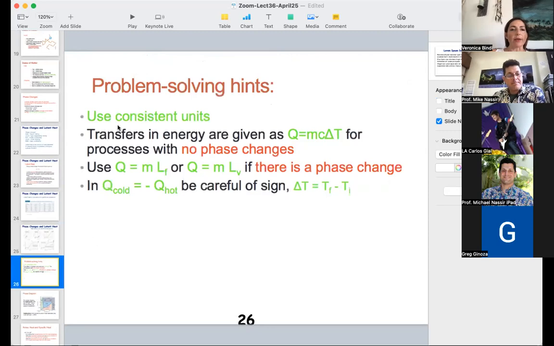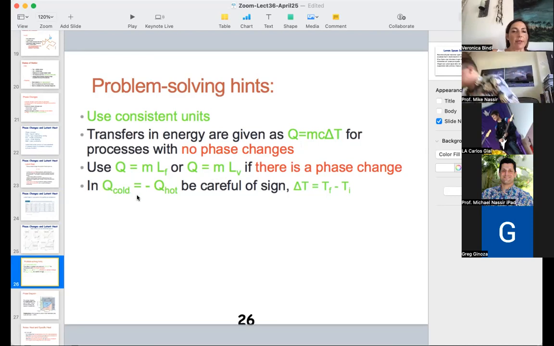Thanks. Okay, so you need to use consistent units. So the energy transfer given as Q is MC delta T for processes with no phase changes. And you have to use Q equal to MLF or Q equal to MLV if there is a phase change.